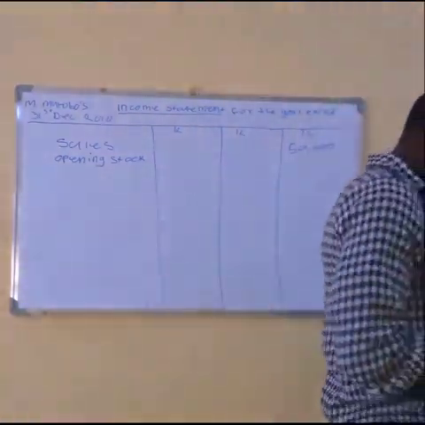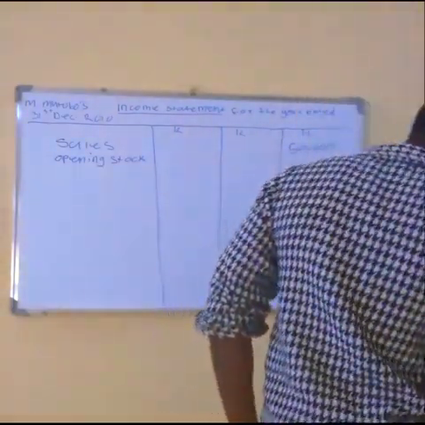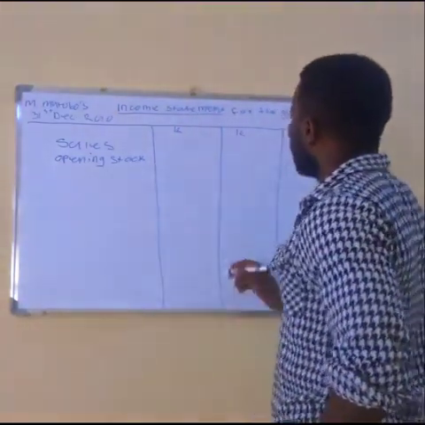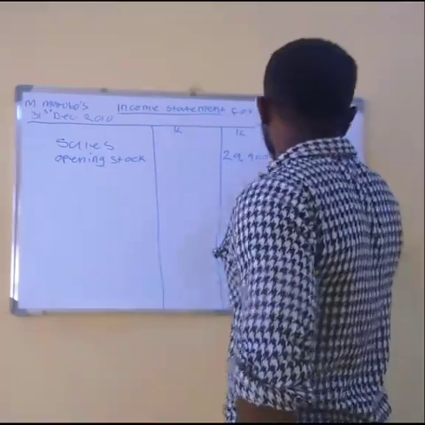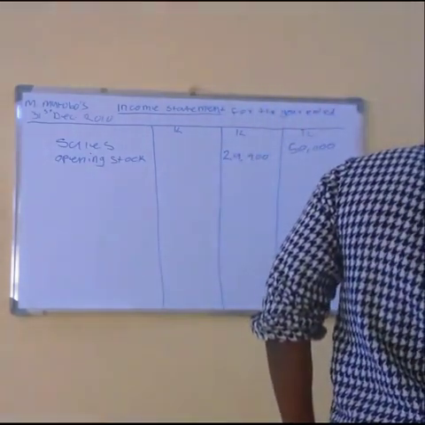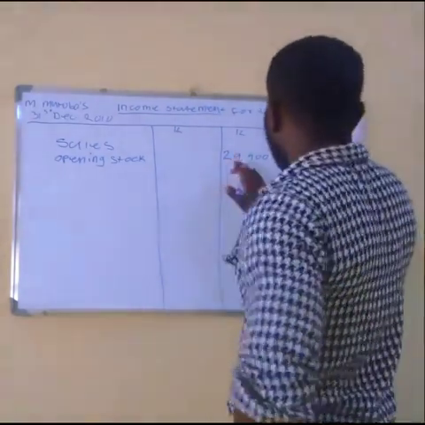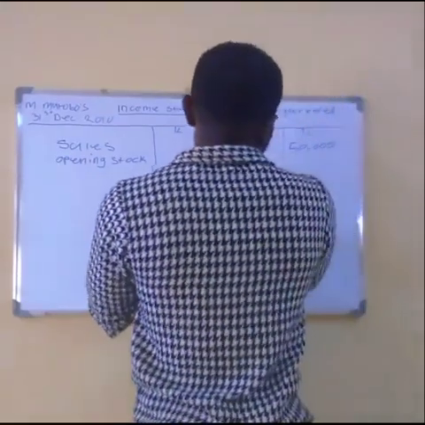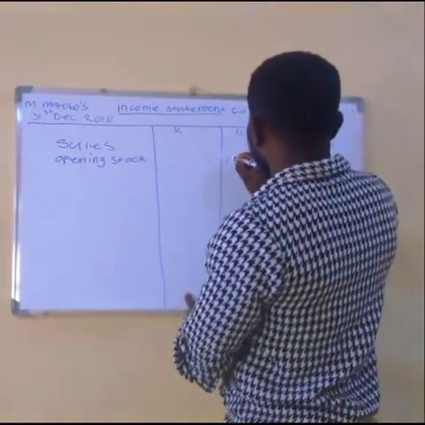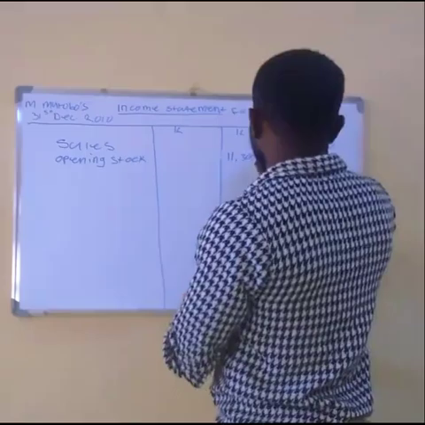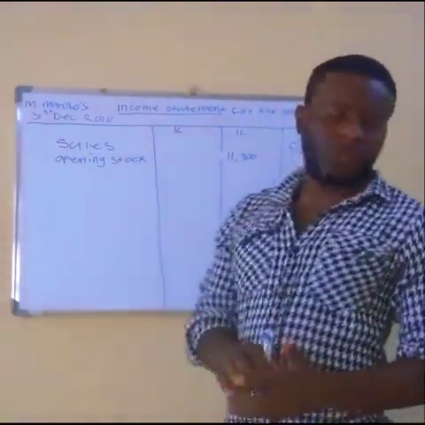The figure for purchases is 29,000. Sorry, it's 11,000. I can see it properly. It's 11,300. So the opening stock is 11,300.